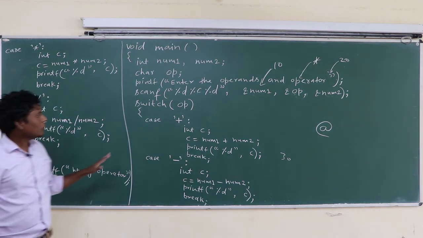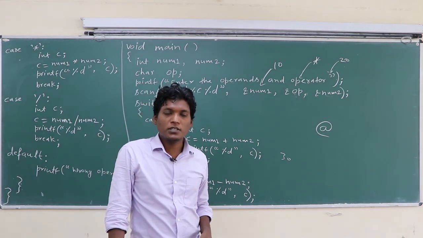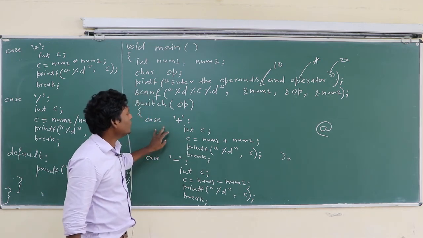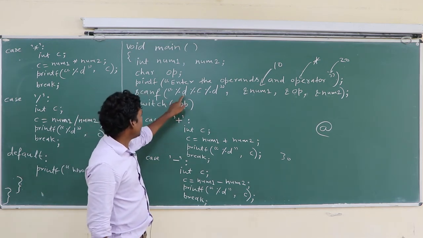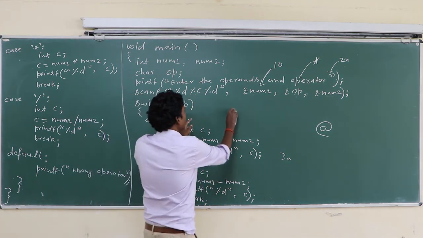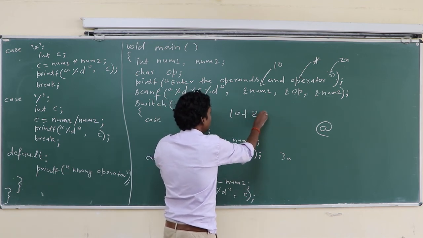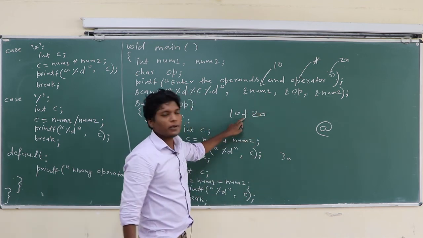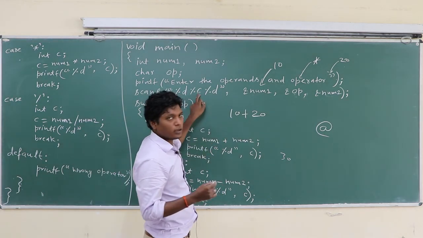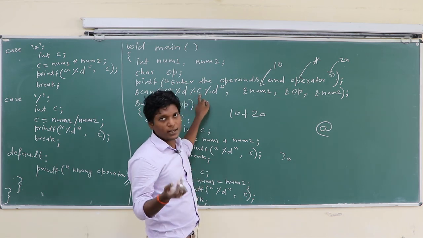Class, this is a program to make a simple calculator using the switch statement. In this program, one thing you have to note: here is %d, %c, %d. Here you have to input the first number 10, then plus, then 20. Please do not give a space here, because space is also a character, so the space will be taken here and you cannot input another character.